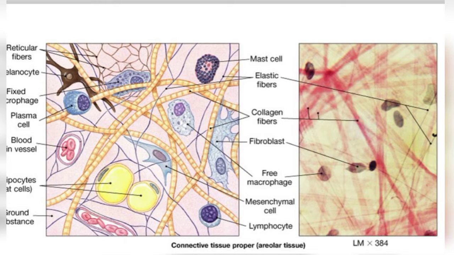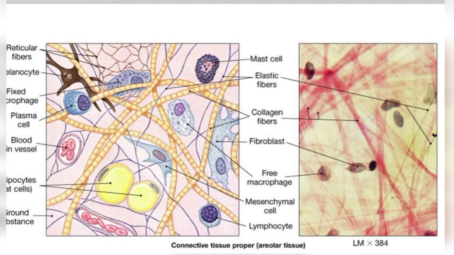Now what is the location? It is located between skin and muscles, around blood vessels and nerves, and in the bone marrow. Now it is a loose and cellular tissue, as we have discussed that it is a loose connective tissue, and it fills the space inside the organs.